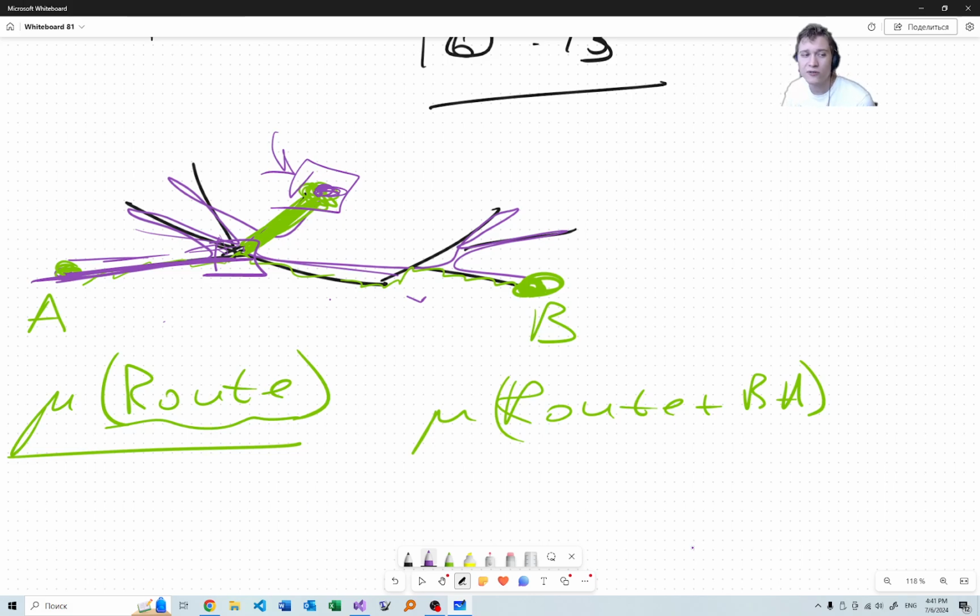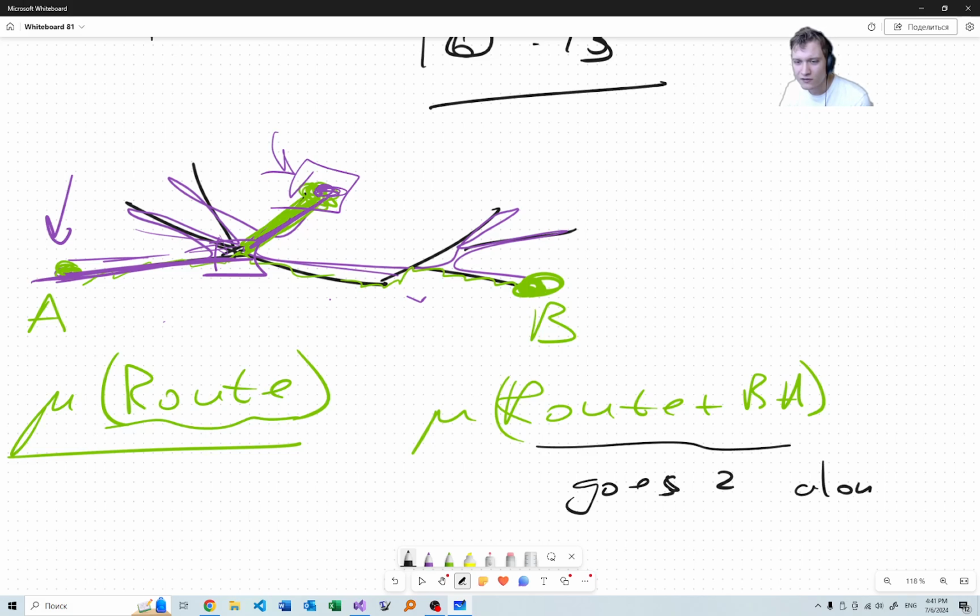But also, since you ended where you began, you had to go twice along this edge. So route plus BA actually goes twice along each edge. So this is at least 2 times sigma, where sigma is the sum of all edges.